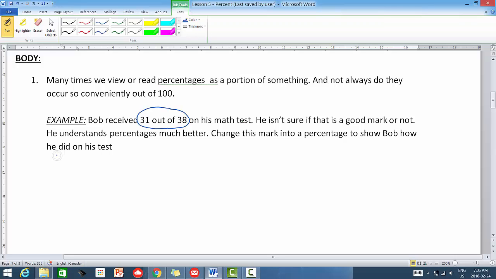So number one, change to a fraction. So we have 31 out of 38. Number two, divide numerator by denominator.